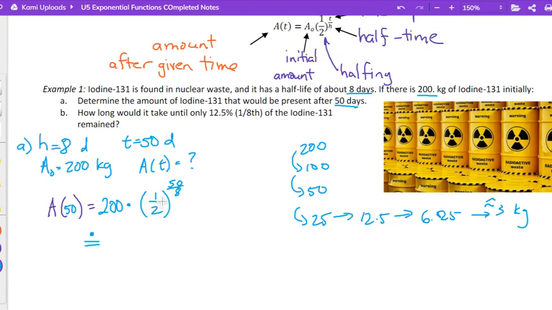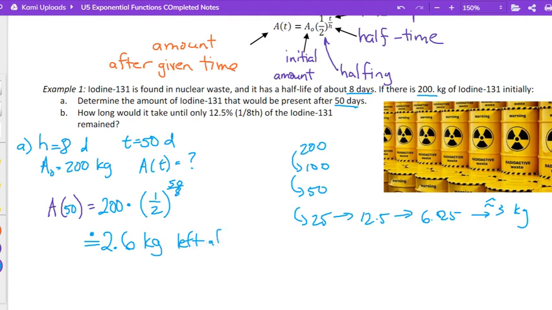Where's your calculator? Approximately 2.6 kilograms. What does that mean? 2.6 kilograms what? That's right.